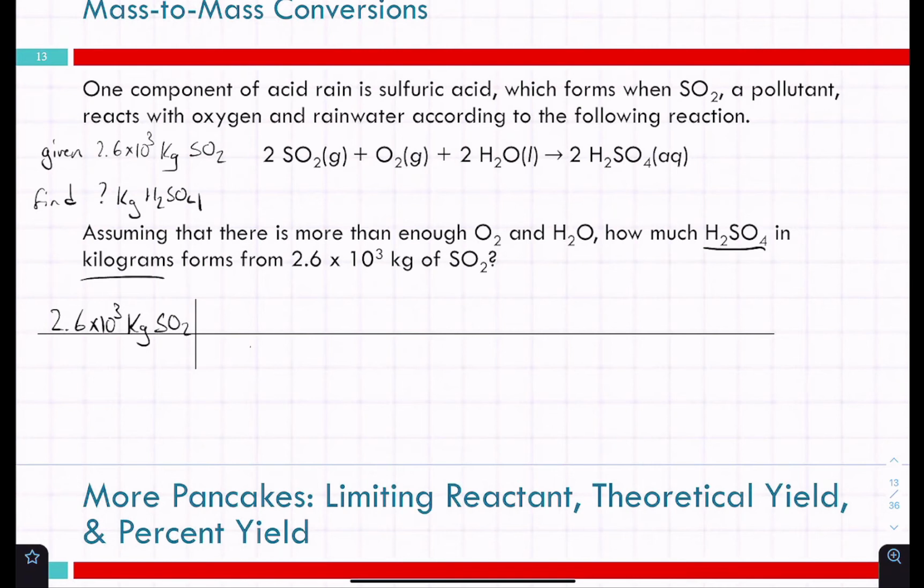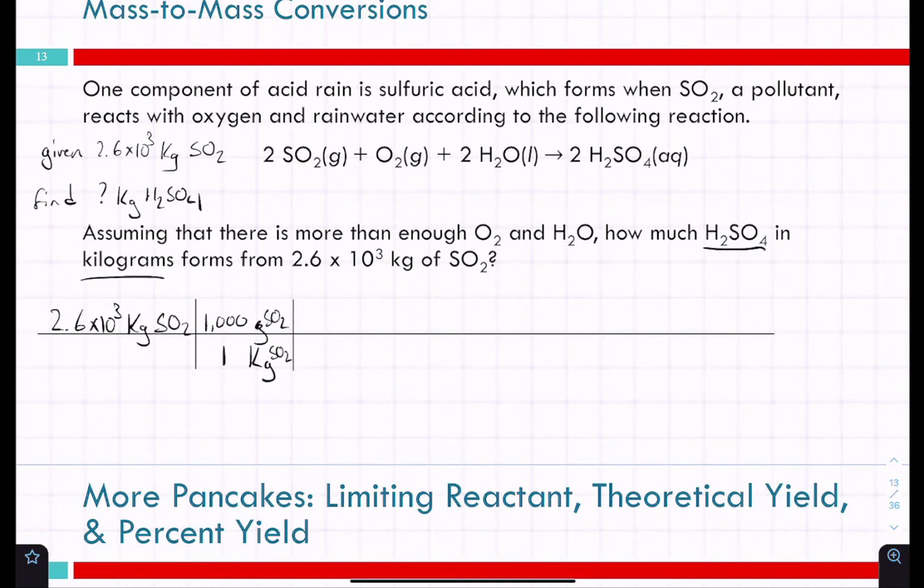Kilograms on the bottom, grams on top. How many grams are in a kilogram? 1,000 grams is 1 kilogram. So I could write this as SO2, and 1 kilogram of SO2 is going to be 1,000 grams of SO2.